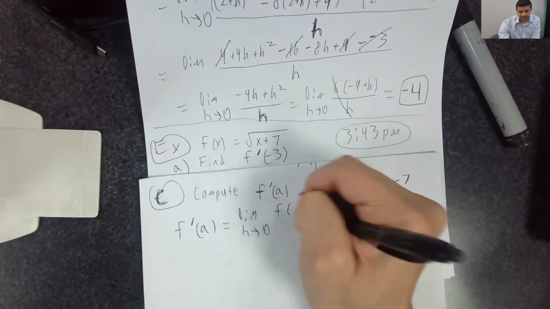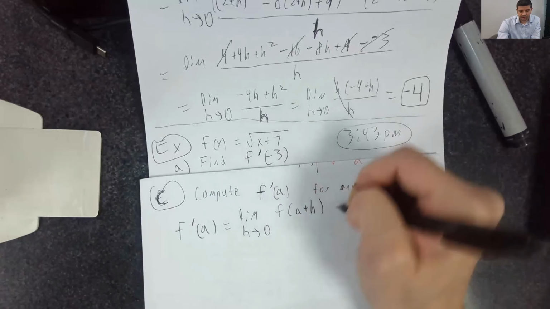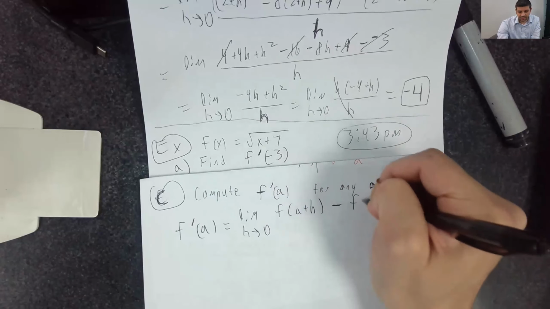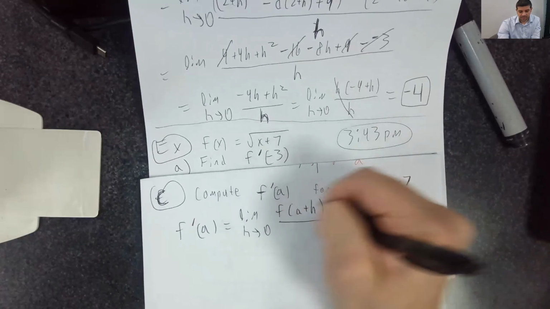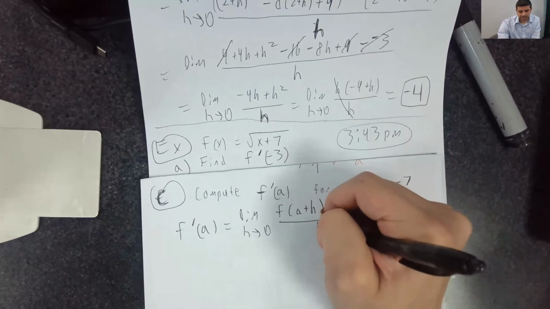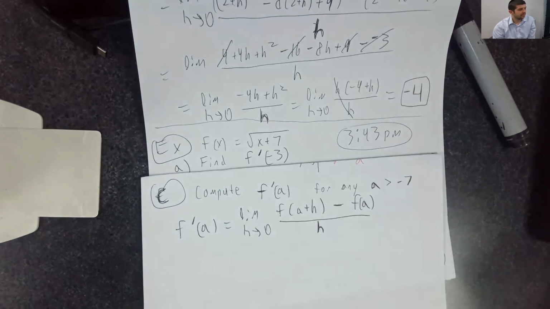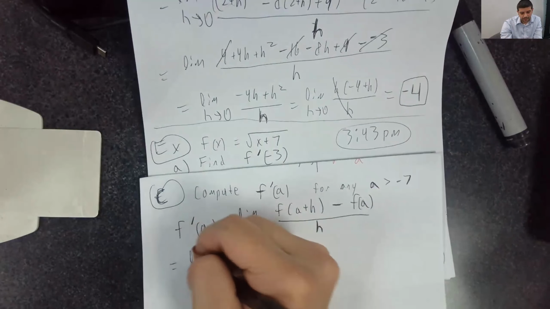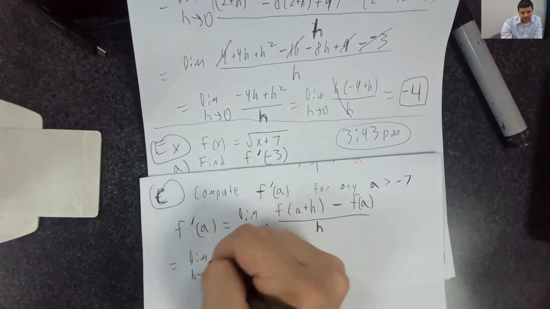Okay, so f of a plus h minus f of a divided by h. Okay, so in the last example, a was -3. Well, let's just regurgitate all the algebra without plugging in the number -3. Limit as h goes to 0.